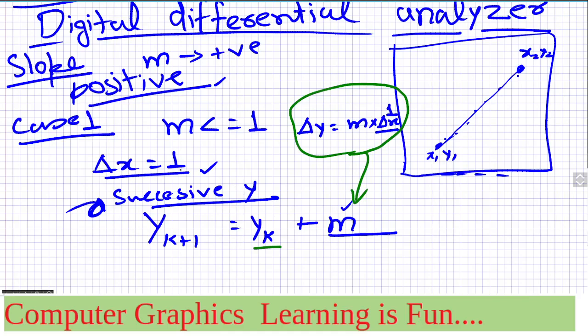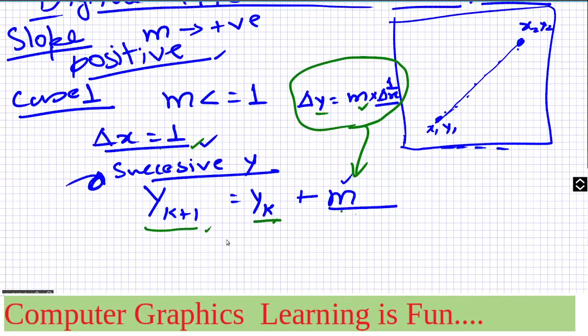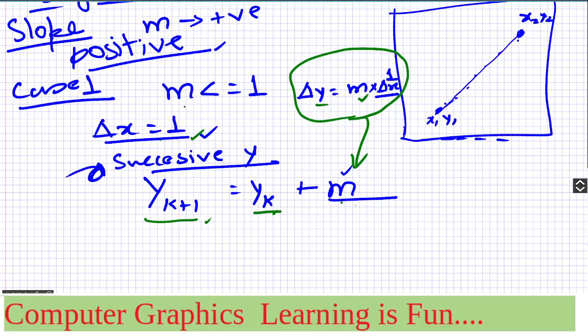Since the value of delta x is 1, the y intercept is just the value of m. Here the k means we are trying to find the next value of y: some value is added to the last y value, and in this way we find yk plus 1. Now this was the story of case 1, when the value of m was less than or equal to 1.